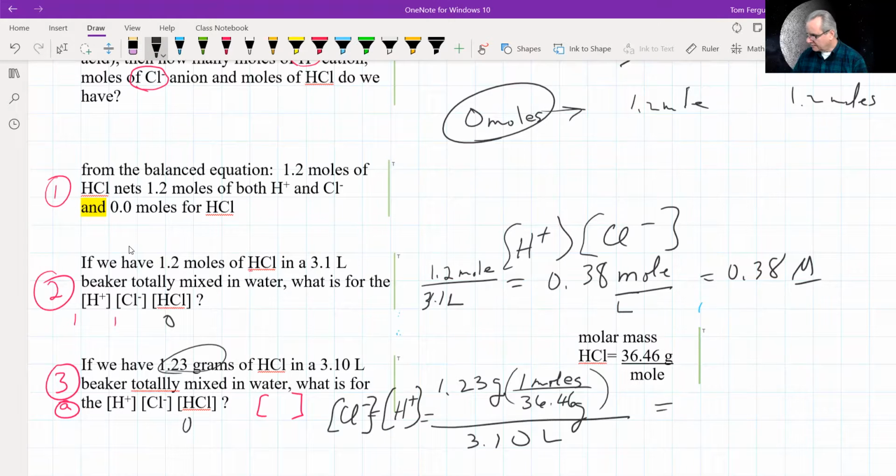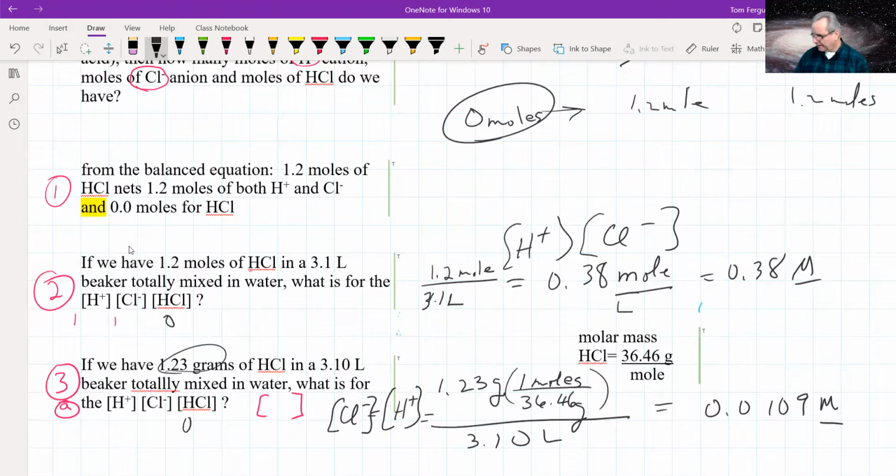Okay, so I can do that on the calculator here. Okay, so we're looking at 3 sig figs, which is going to be 0.0109 moles per liter.